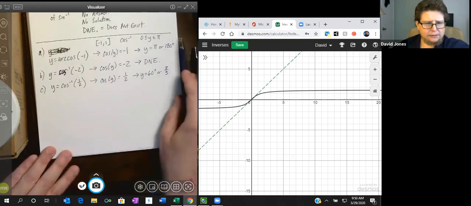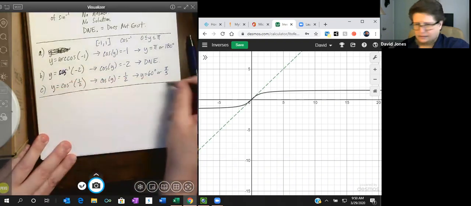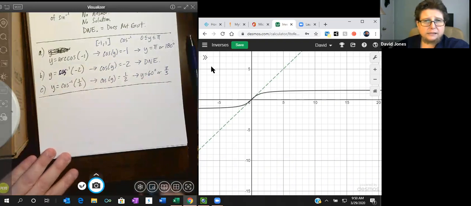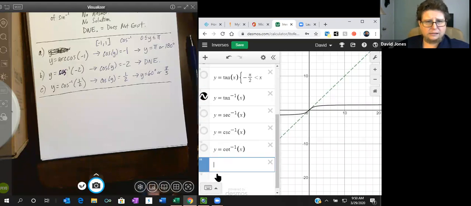What about the reciprocal functions? So I'm going to put cosine in real quick.